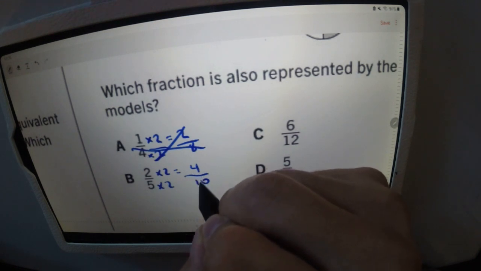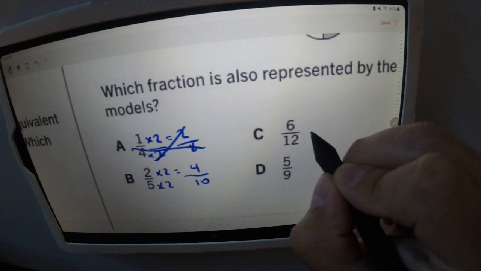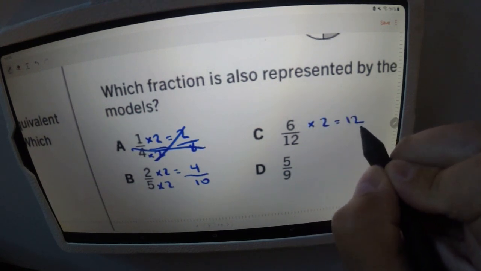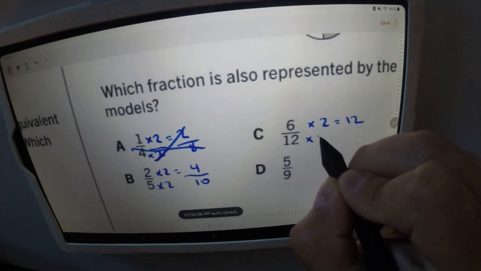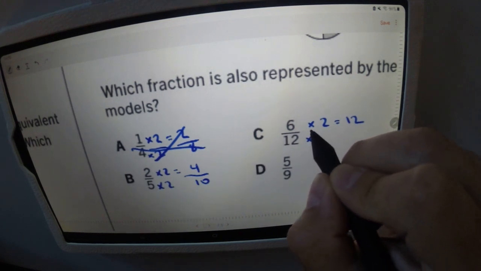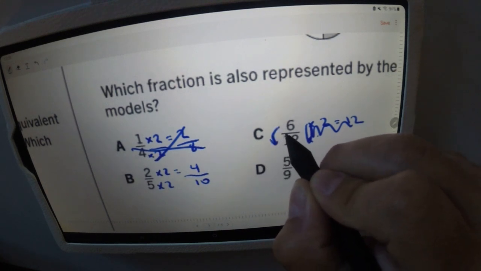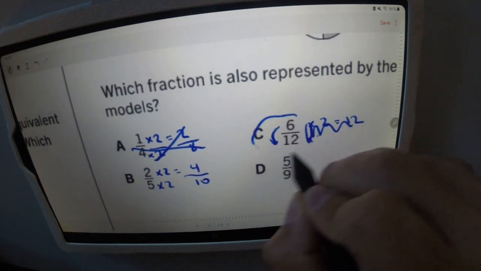It's not half and half. So here we go. Now 6 times 2 equals 12. This is the answer, I think. Because 6 times 2 equals 12. So this is our answer right here.